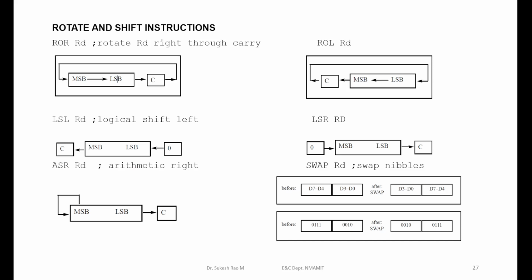There is one more, arithmetic shift right, which is again an important instruction. Here it is shifted right, but it is not inserted with 0; it is inserted with the MSB bit itself. If the MSB is 1, it will keep inserting 1. If the MSB is 0, it will keep inserting 0. So it's useful for signed addition, anything with signed numbers. Apart from that, there are swap instructions, quite easy.